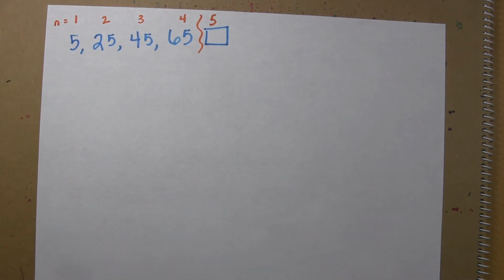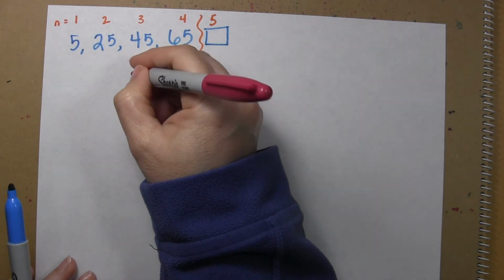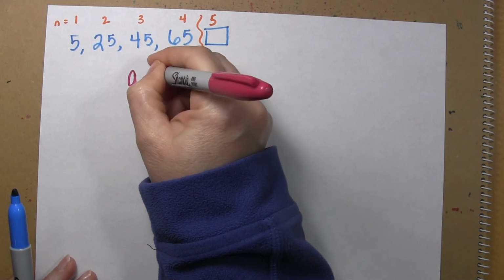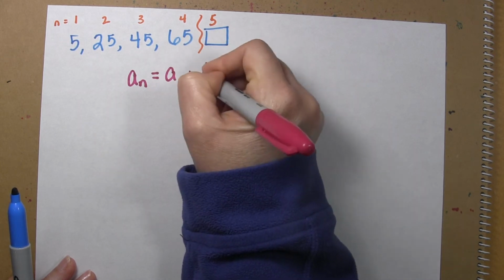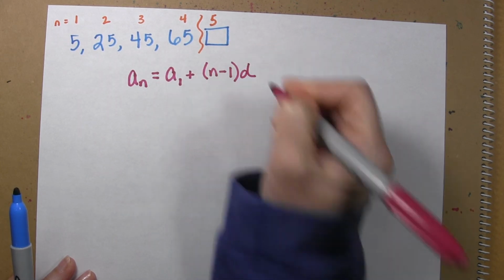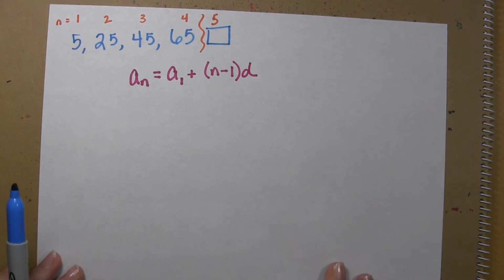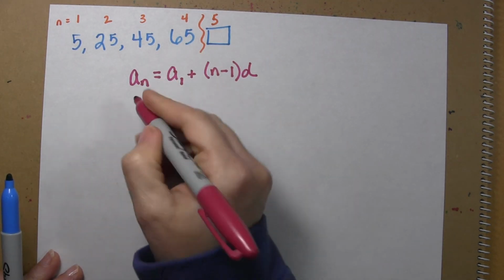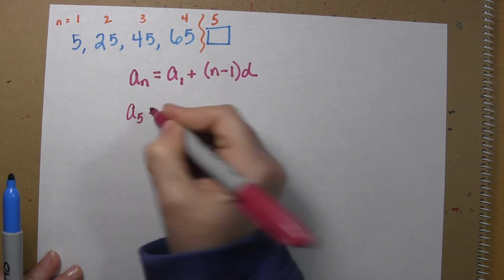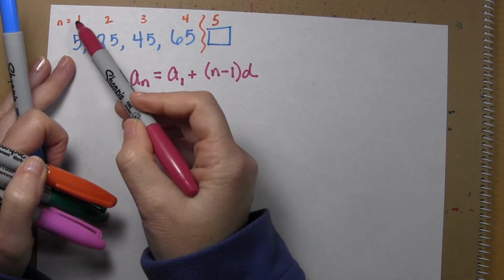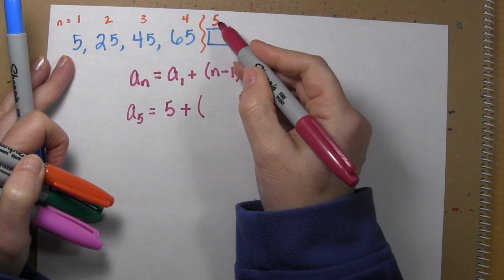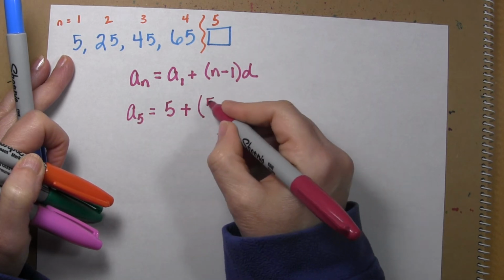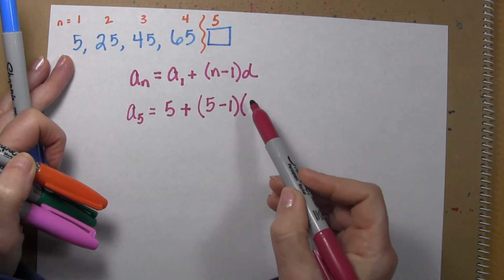That's what we're trying to do, is figure out the fifth term. And let's pretend that we can't just look at it and know. What are we going to do? Well, we're going to use our general term. We're going to say a sub n equals a sub 1 plus n minus 1 d. And so we're looking for the fifth term. So a sub 5 equals whatever a sub 1 is, which is 5, plus 5 minus 1 times, what's our d?